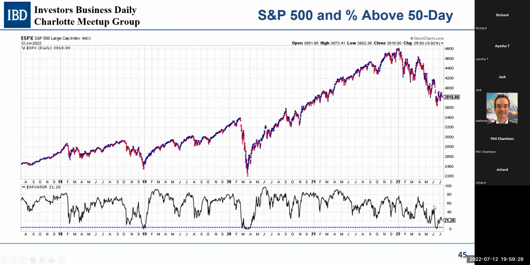So maybe you get this broader participation on the upside in a few of the old leaders, like Apple and Amazon and Microsoft, that have held up the best and can continue to hold up pretty well through this. So maybe we'll have some more names to choose from.